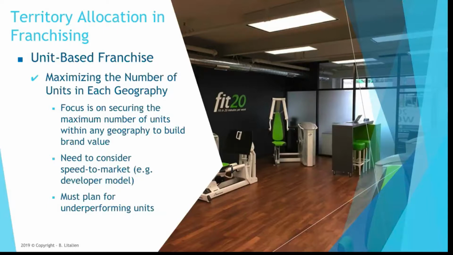How are you going to deal with a location that either because of the franchisee's unwillingness to perform at a higher level and grow, or the market reality, is keeping it from growing? How will you deal with that?